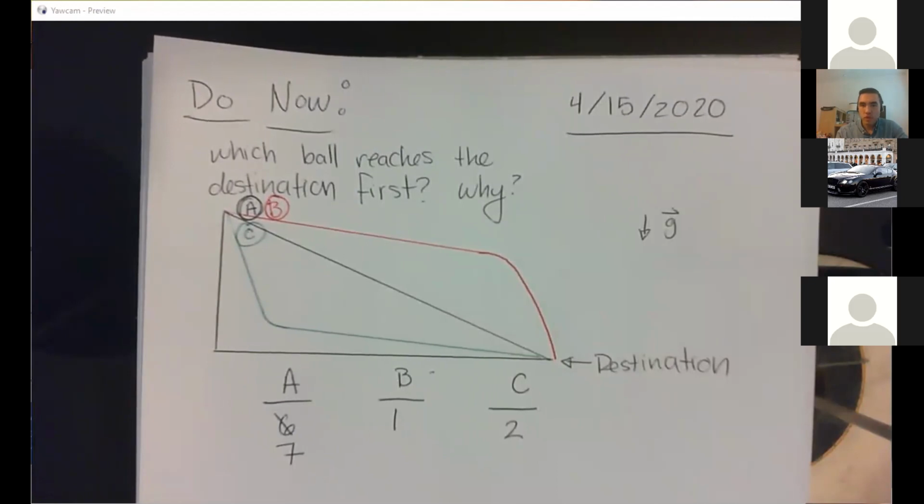Cedric, why option B? I think it's B just because there's no change over time. It's just constant. So I feel like gravity would act on that more equally along the entire path.